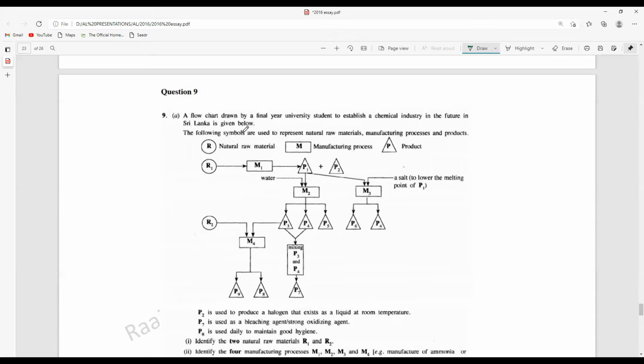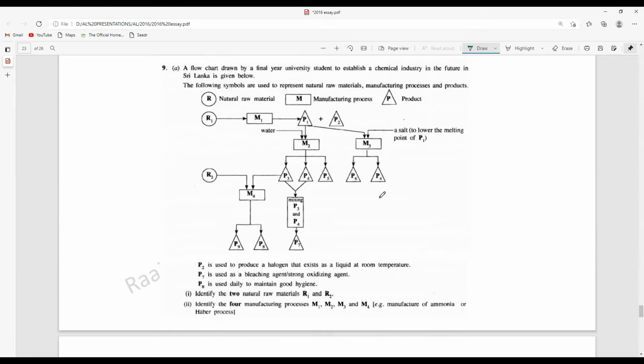So this is a final year project to combine several processes and to make an efficient industrial environment. Here they have used two natural raw materials and four manufacturing processes.